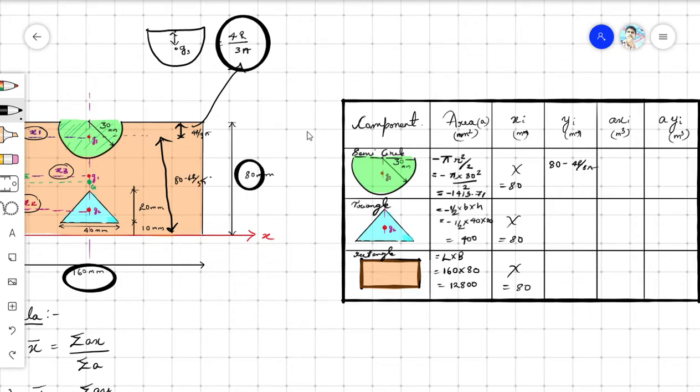That's what we are putting over here. The value of 80 minus 4 into r, which is 30 mm, divided by 3 pi, comes to around 67.261.